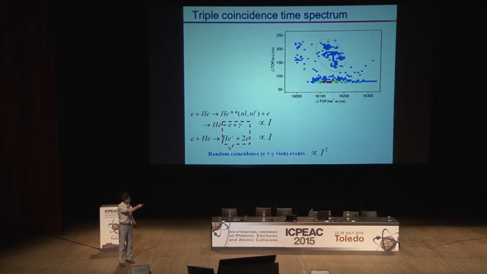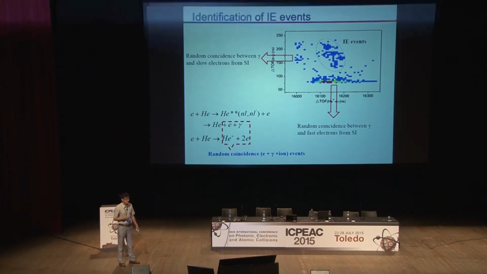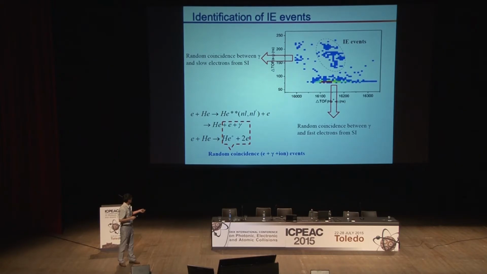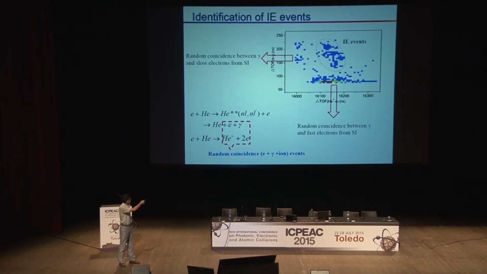From this map, we could identify that the ionization excitation events are here, and the structures here and here are from random coincidence. So the next step is we select these events and analyze them.